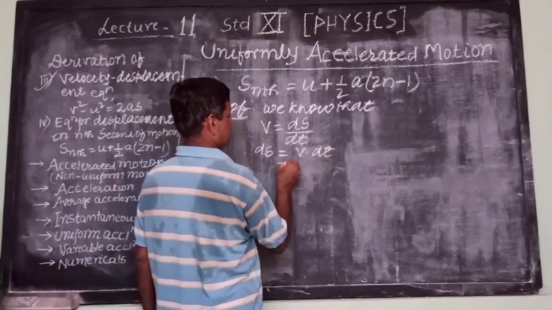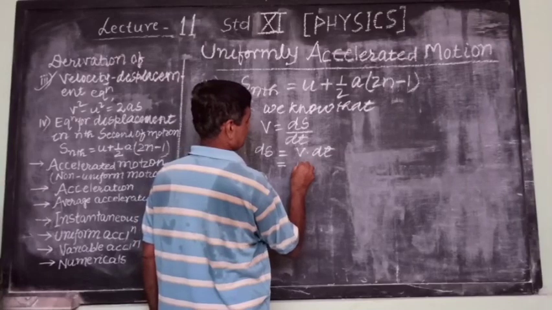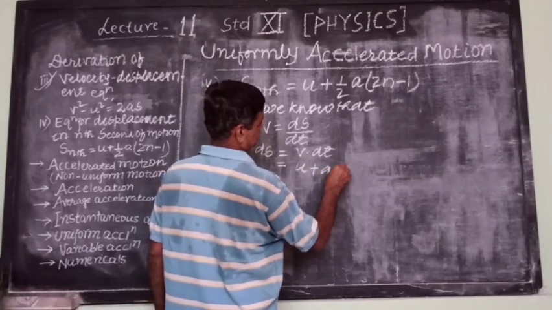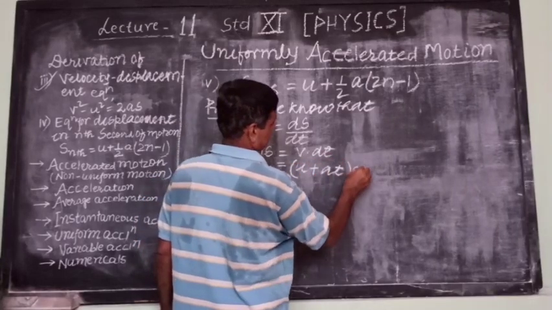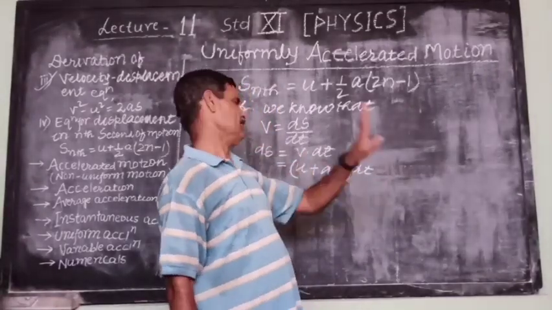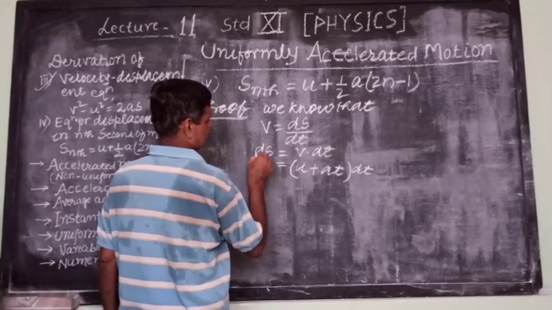The formula of v, the very first formula, v can be written as u plus at. This whole multiplied by dt. There is no need to write v is equal to u plus at. This is your dt.